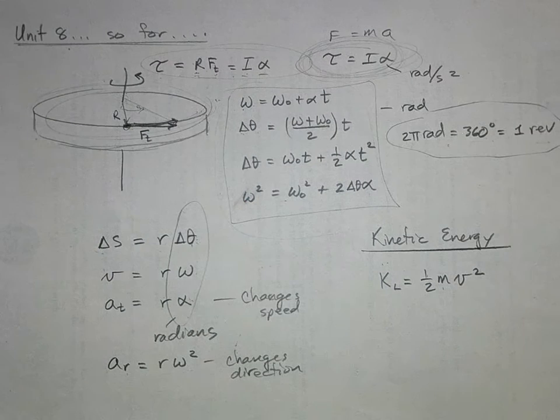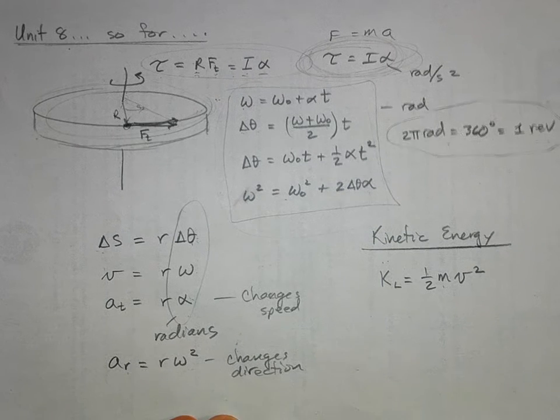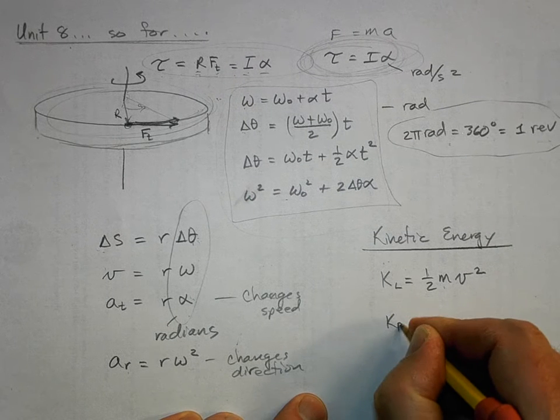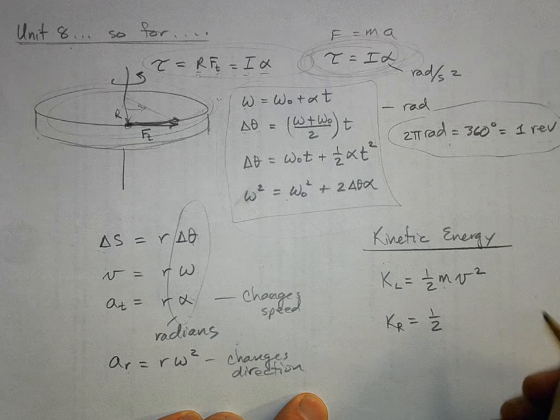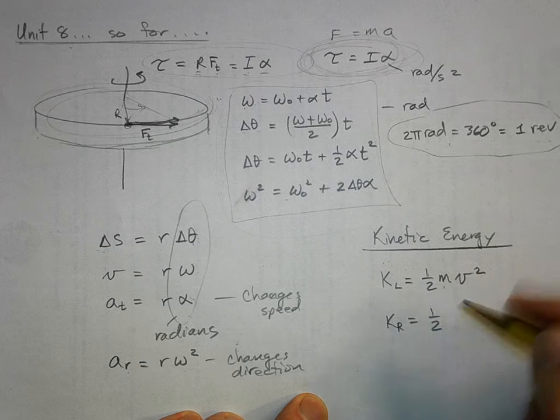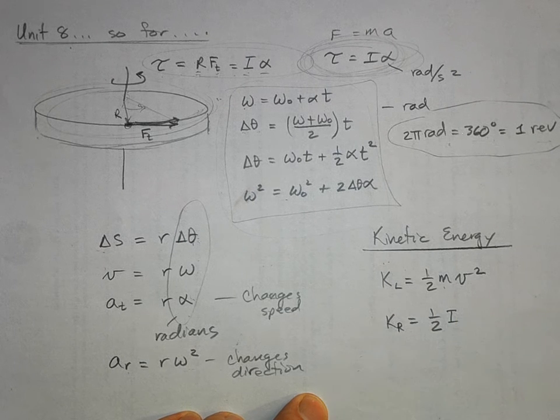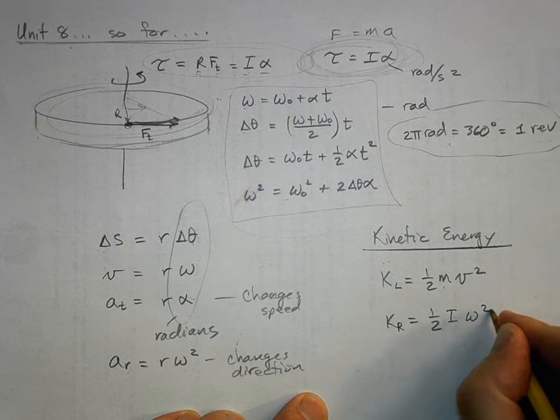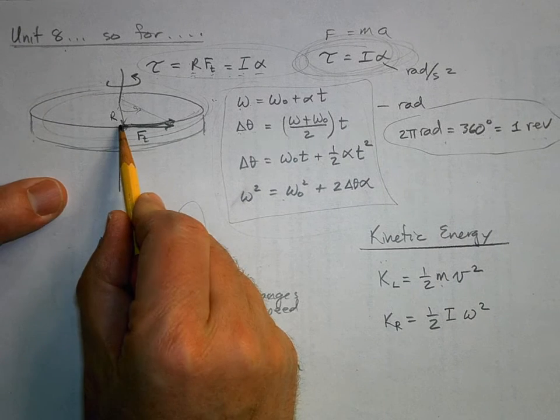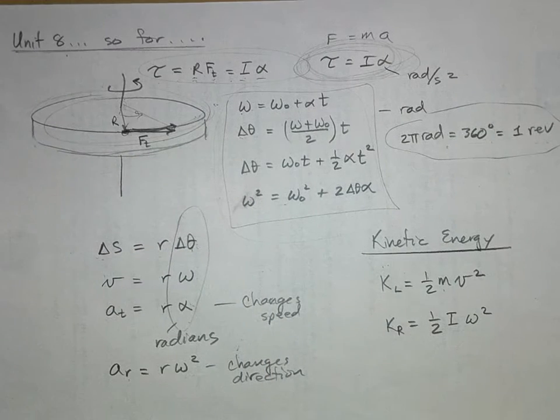Sure, it's still got kinetic energy, but how do we express that in terms of its angular velocity instead of linear velocity? Well, rotational kinetic energy is 1/2, but instead of mass, we have rotational inertia, times omega squared. If all you had was a particle, an ant going around, the rotational inertia is easy. It's just the mass of the ant, m, times r squared.